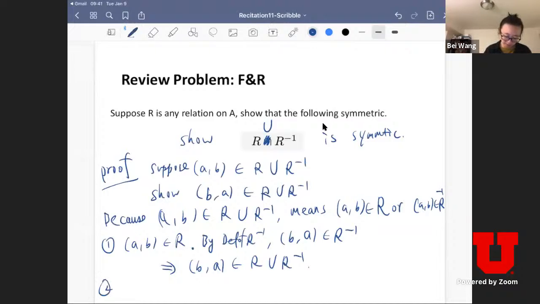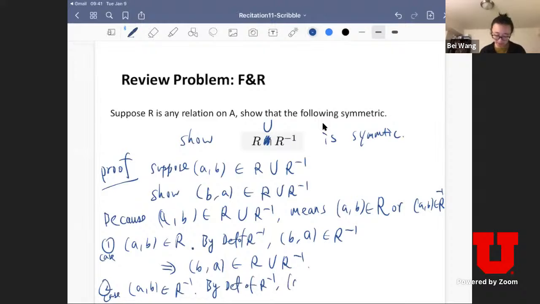Now the second case, so this is case 1, this is case 2. If AB is in R inverse, again, by the definition of R inverse, that means BA is in R. Okay.